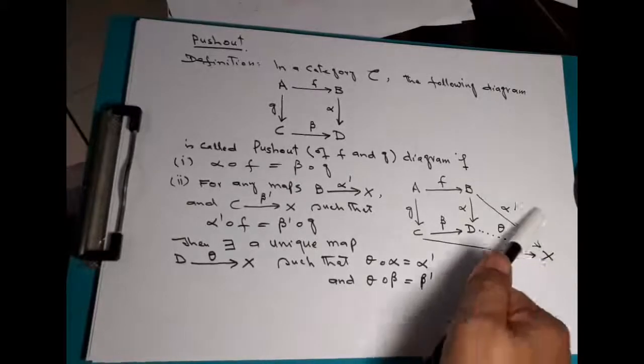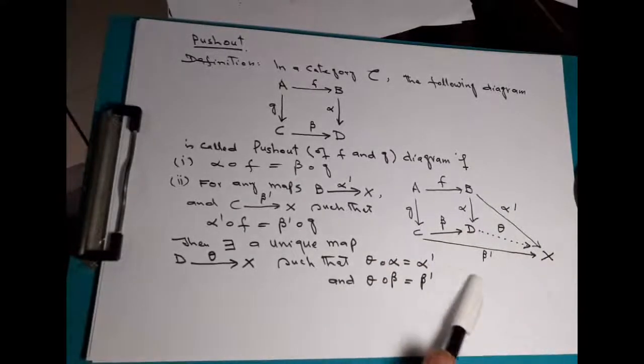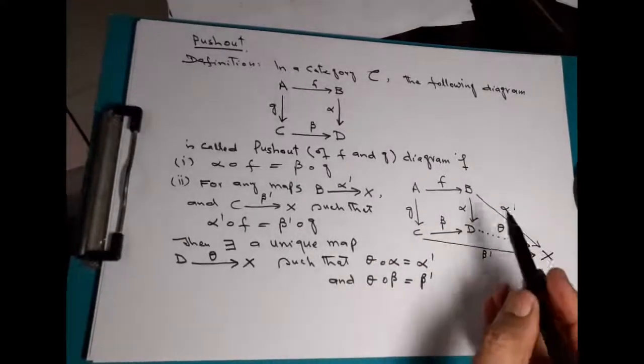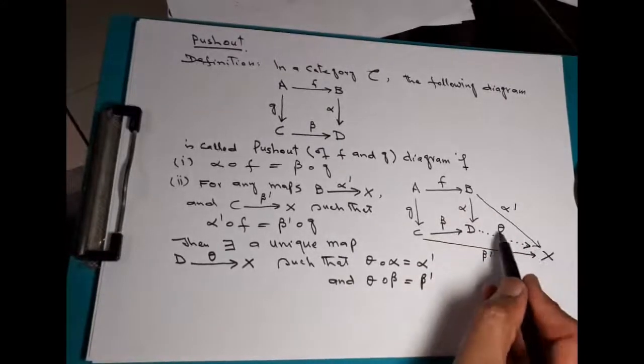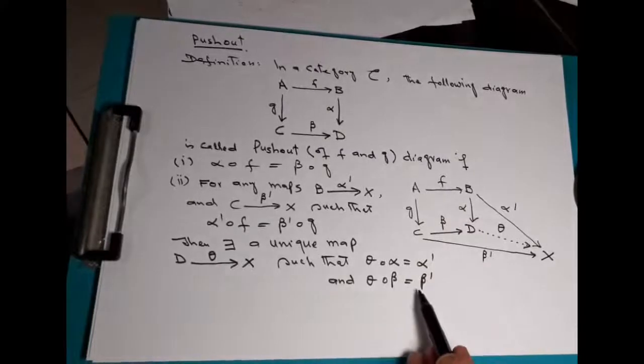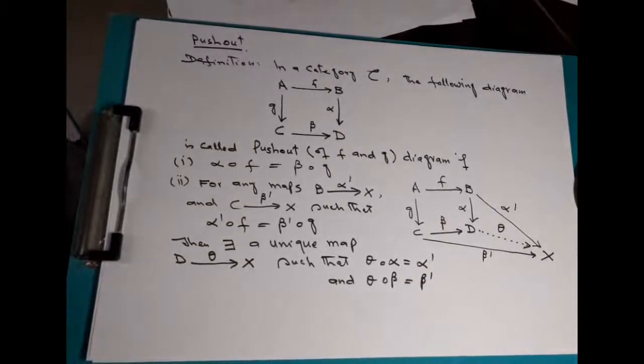That means this diagram commutes and this diagram commutes. That is, theta composed with alpha is equal to alpha dash, and theta composed with beta is equal to beta dash. So this is the definition of push out, and this definition is very important.